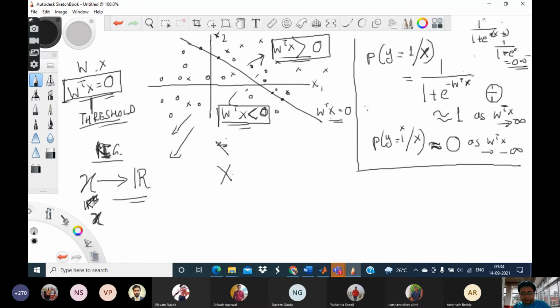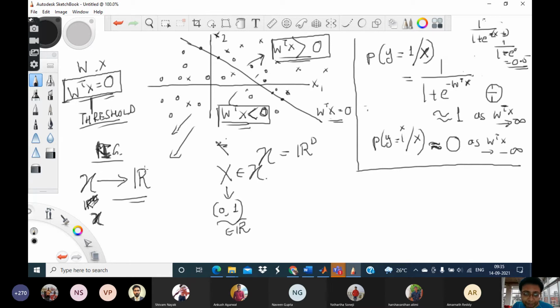In this case I am again making the same assumption that the feature space X is the d-dimensional real space. So I am taking any feature vector X from the feature space, and I am mapping it to what? To a probability value. So it's basically a number between 0 and 1, which is of course a real number.